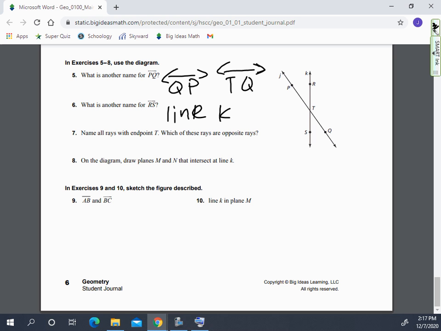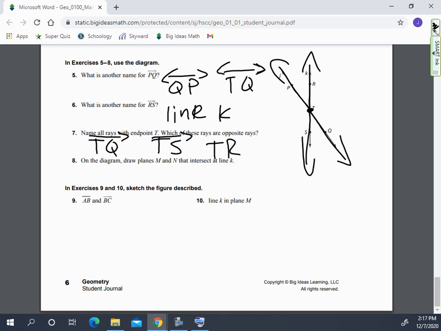Name all rays with endpoint T. Endpoint T. So our endpoint is here. It goes on in one direction, four different ways. So we could say TQ. We could say TS. We have to say TR.